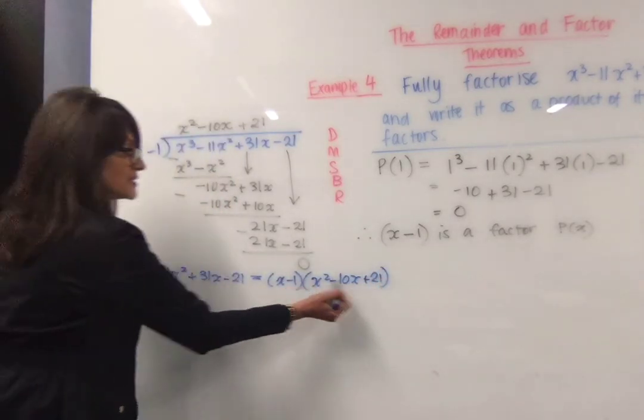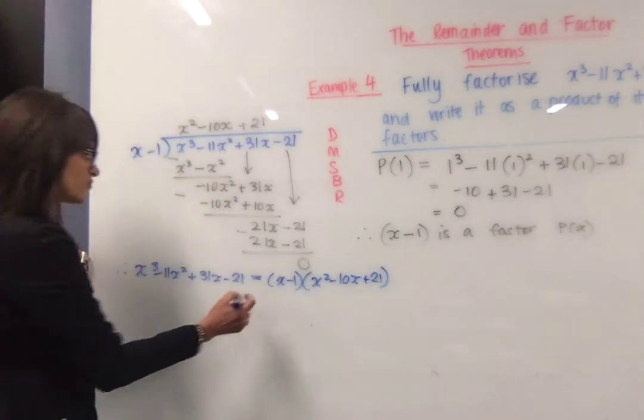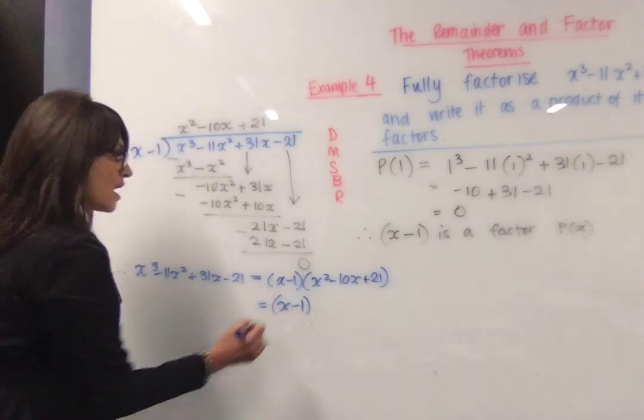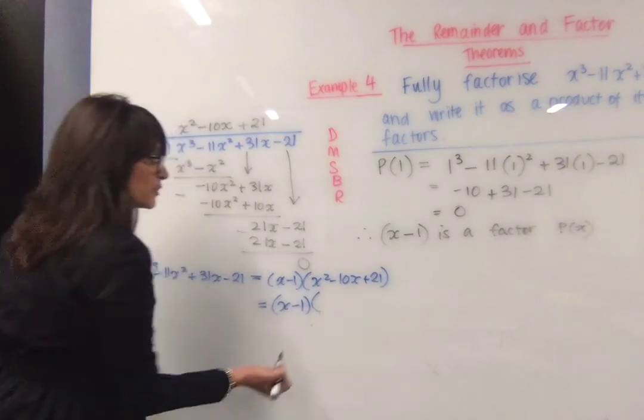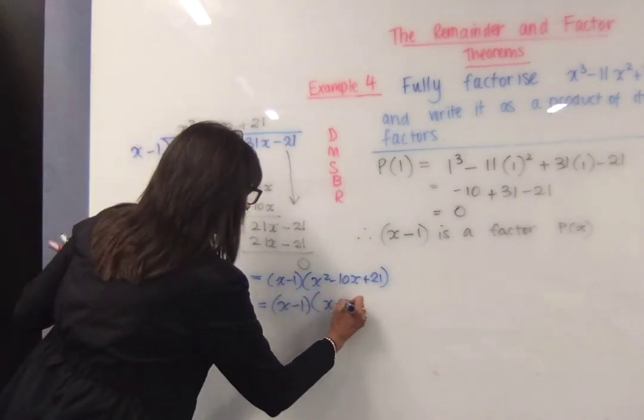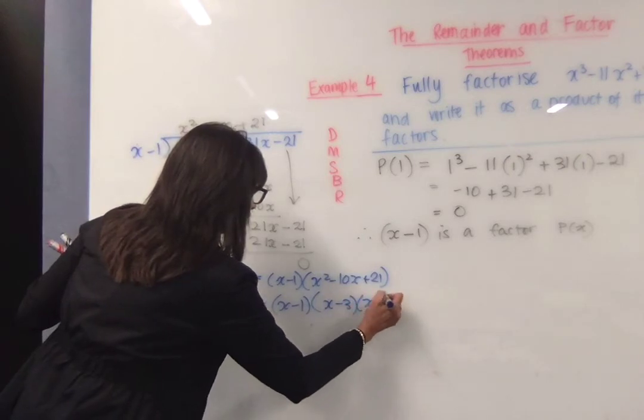Now hopefully we can see that we can further factorise this quadratic trinomial here. And we're looking for factors of positive 21 that combine to give us negative 10, and they would be x minus 3 and x minus 7.